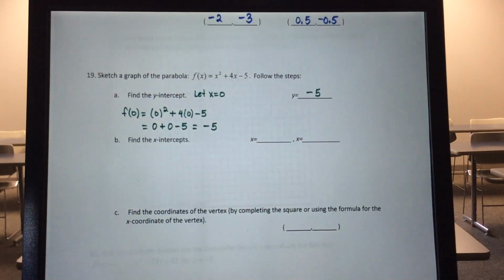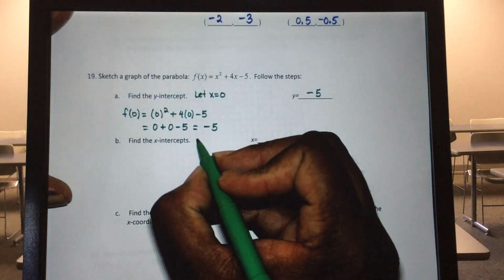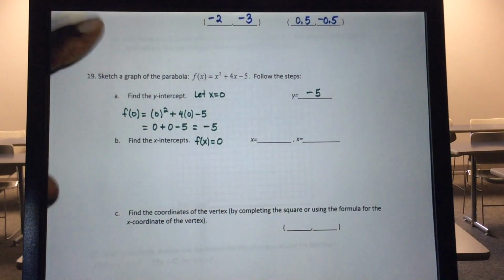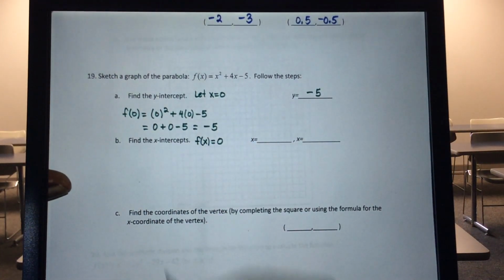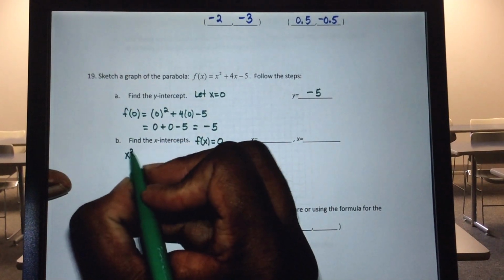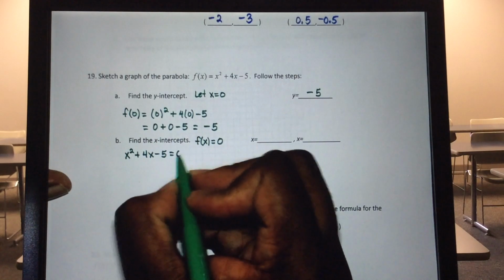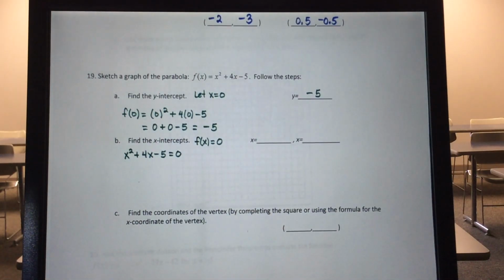Part B is finding the x-intercepts. Anytime you want to know what the x-intercepts are in a parabola, you take your function f of x and set it equal to 0. So I'm going to take that x squared plus 4x minus 5 and set that equal to 0. And then we're going to solve for x. Well, it's a quadratic.